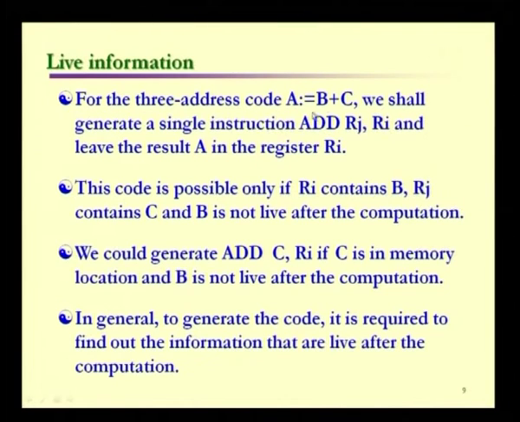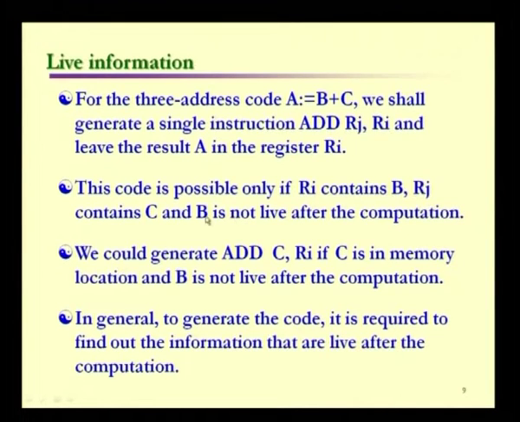Especially if you have an instruction of the format A = B + C, we can generate the instruction ADD Ri, Rj, leaving the result A in register Ri. This code is possible only if Ri already has B and Rj has C, and B is not going to be live after this particular computation.